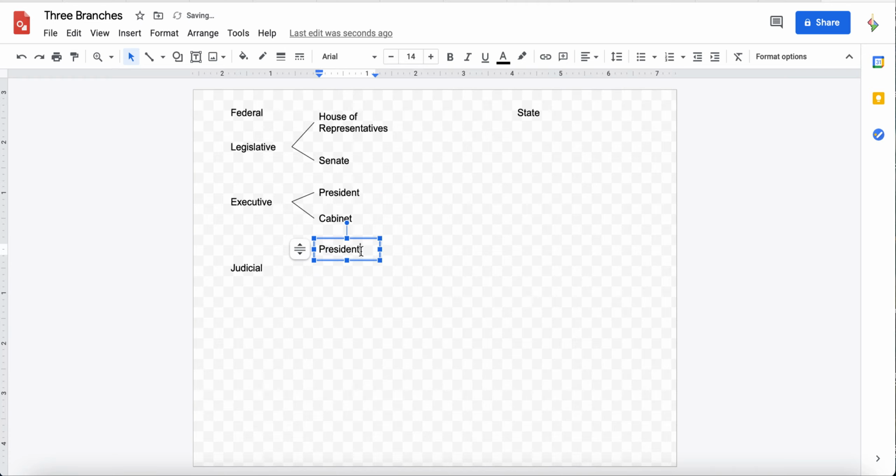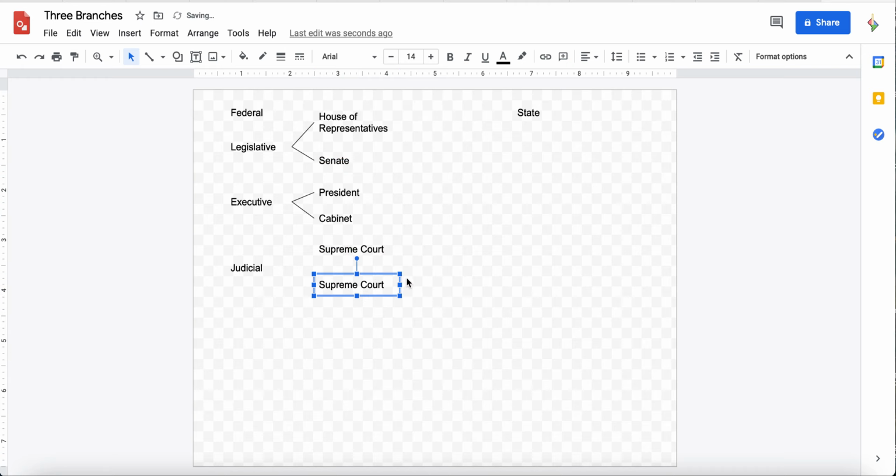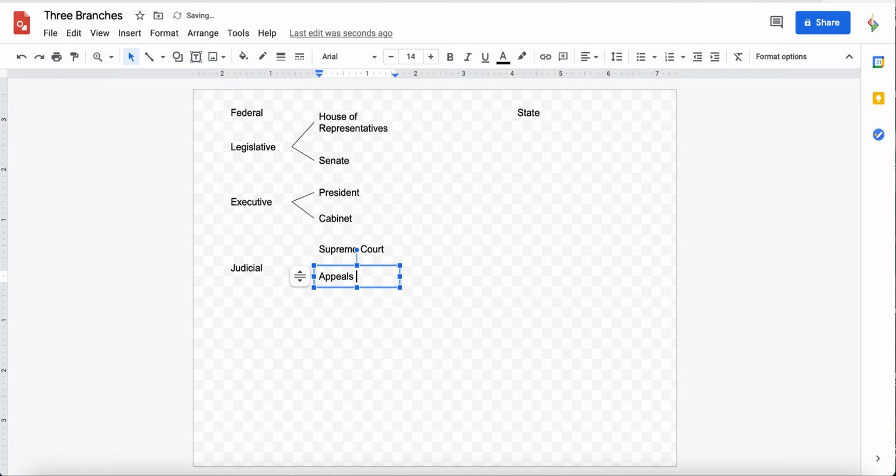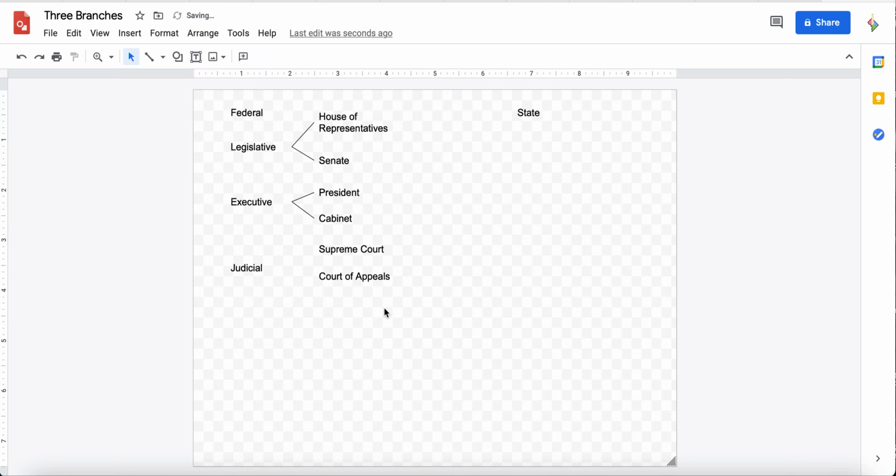So there are three parts to the judicial branch. There's the Supreme Court, which everyone should know about. There's also the appeals court, which is the middle tier of the three courts, the three musketeers. So you have the appeals court, more formally known as the U.S. Court of Appeals. And then finally, you have the U.S. District Courts.